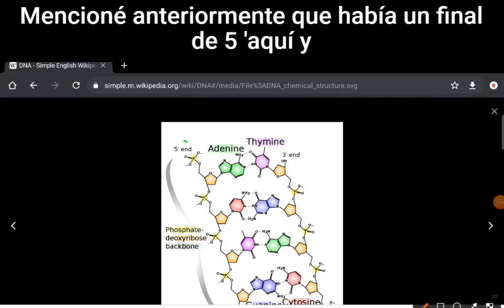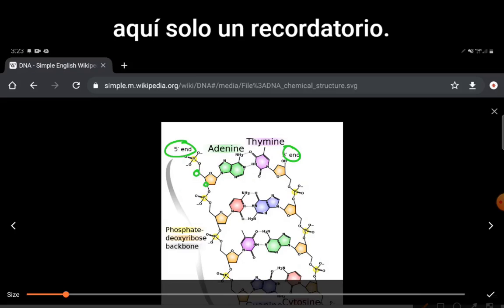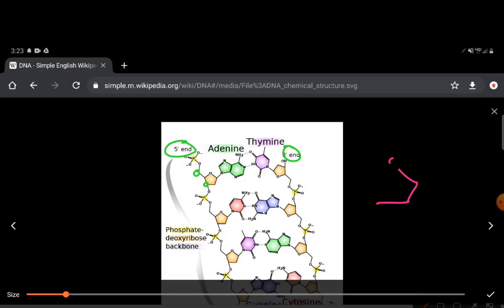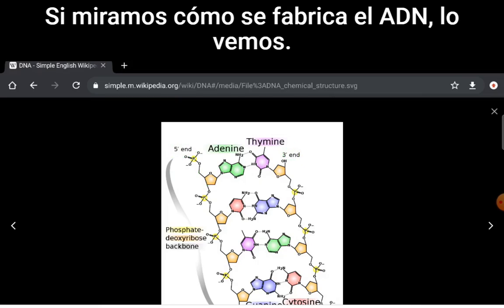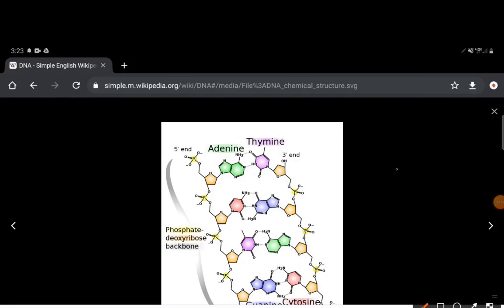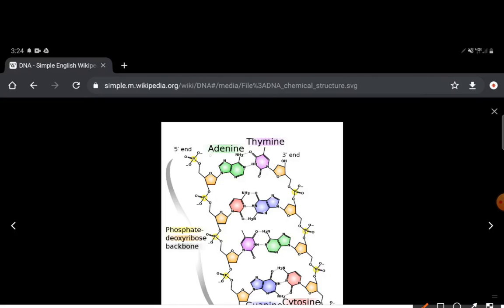I mentioned earlier that there was a 5' end here and a 3' end here. Just a reminder. If we look at how DNA is made, we see that DNA is parallel.